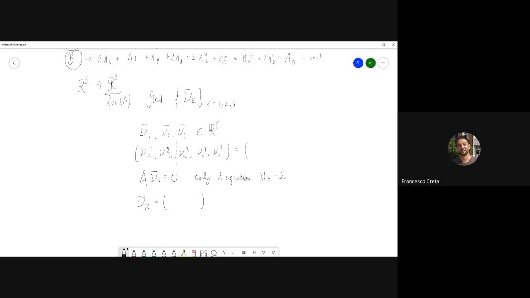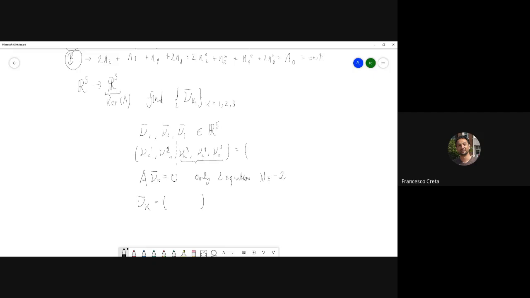Because in general, I will know those because it's an underdetermined system, all the rest of the components will be infinite to the 3, right? So I have to decide what the other 3 components really are. And I can actually impose that this is the canonical basis in 3 dimensions.